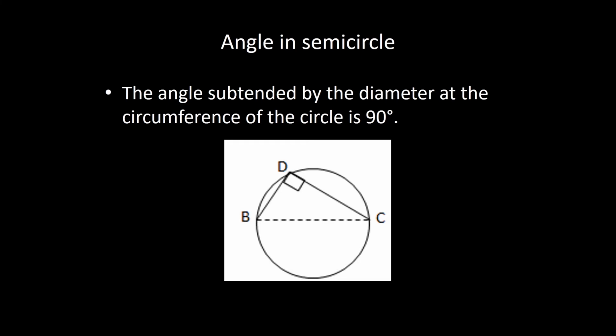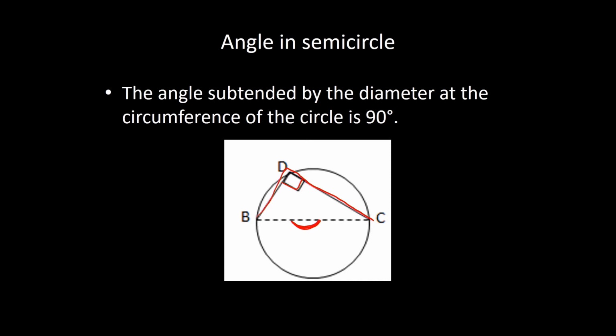In other words, if I look at line BC and I subtend, so I make an angle on the circumference, that angle is going to be 90 degrees. We often use this theorem, we call it angle in semicircle. So this is a direct deduction from angle at center. The reason being, this angle at the center is now 180 degrees. It's a straight line, right?